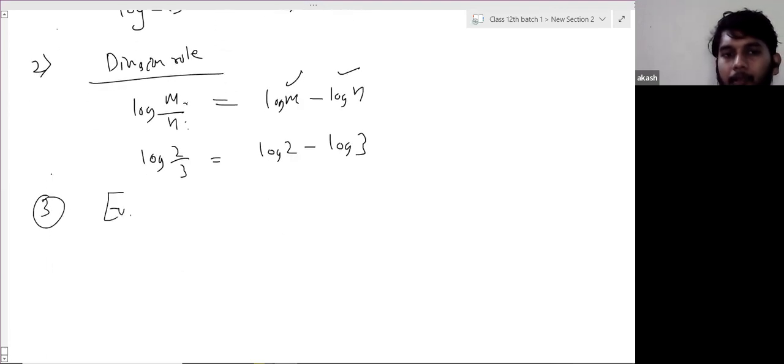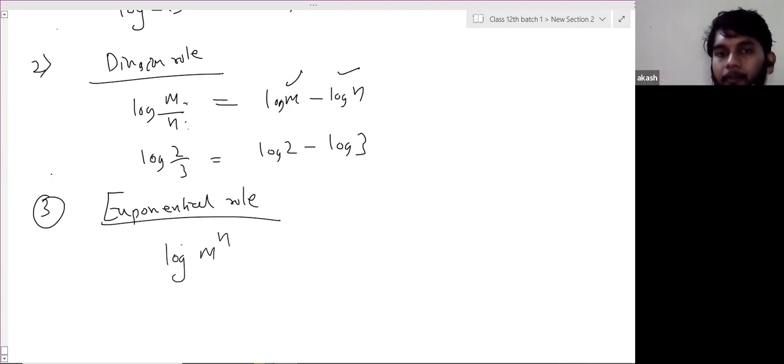All right. So exponential rule. If you have log m to the power n, and this is not log to the power m, this number has the power n, then you can take this power outside of log.